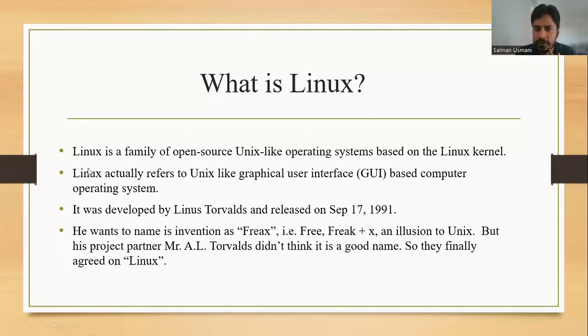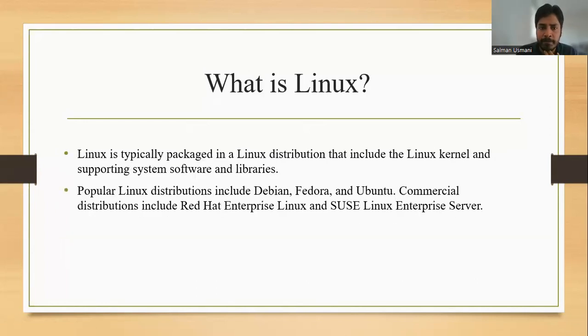It was developed by Linus Torvalds and released on September 17, 1991, so it's quite old, almost 30 years. He wanted to name it Freaks, but then they finally decided to agree on Linux. That is some historical aspect of Linux.